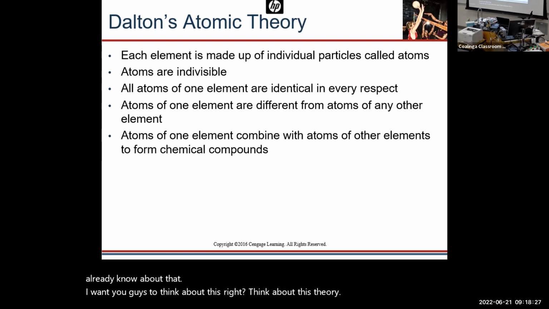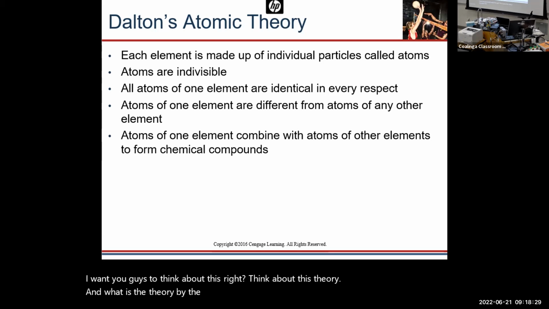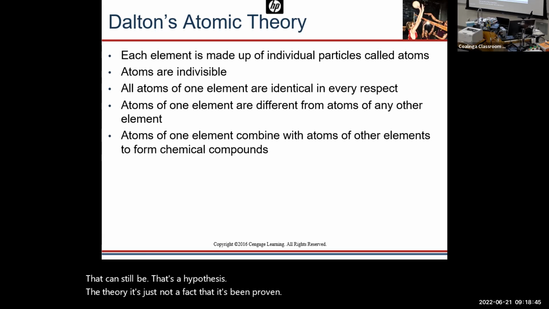And what is a theory, by the way? It's not necessarily a fact, right? But it's something that parts of it can be proven and part of it is not proven.